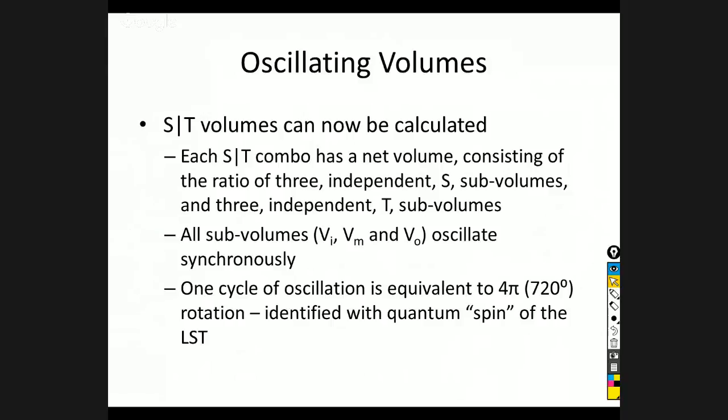But one thing we need to understand is that one cycle of this volume oscillation, or oscillation of these 3 balls, is equivalent to 4 pi rotation, or 720 degrees of rotation. This puzzles the LST community, because they know they have to use a quantum spin equal to 4 pi, but they know it can't be spin in the sense of something rotating, yet they have no other way of representing it.